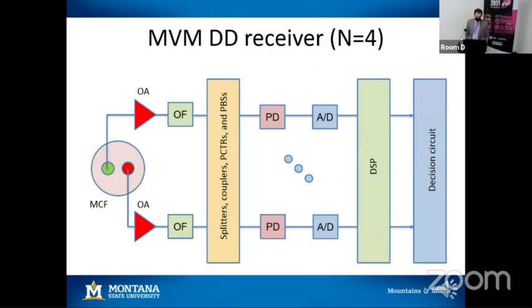So we need a bunch of splitters, couplers, polarization controllers, and polarization beam splitters to create these pairs. And because the Stokes vector has n square minus 1 components, we need n square minus 1 branches. Actually, because each branch will have a balanced pair of photodiodes, we need twice as many photodiodes as branches.